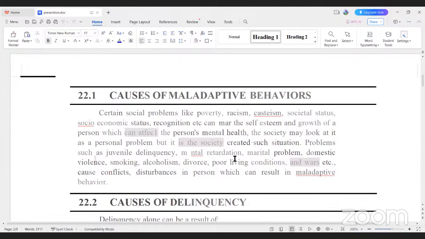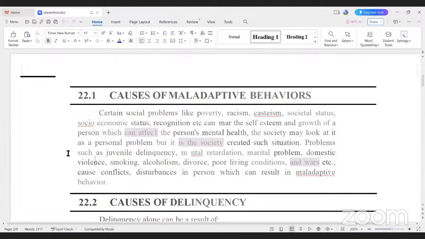Mental retardation will have some effect on their total social functioning. And marital problems also will create unnecessary disturbance in the living of the people. Domestic violence. So all these causes create maladaptive behavior.